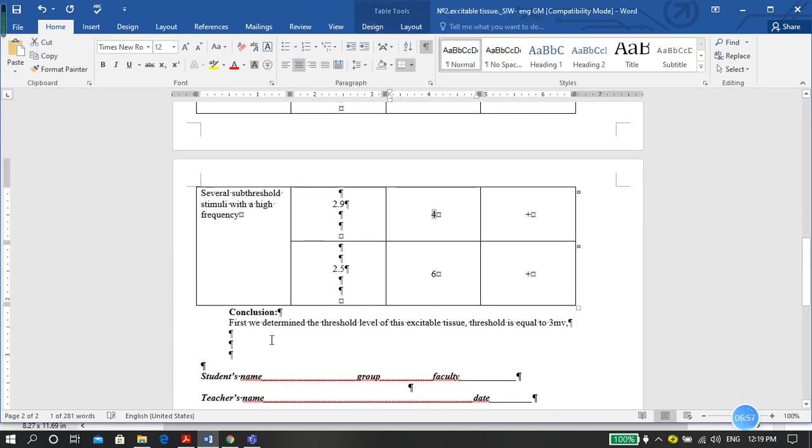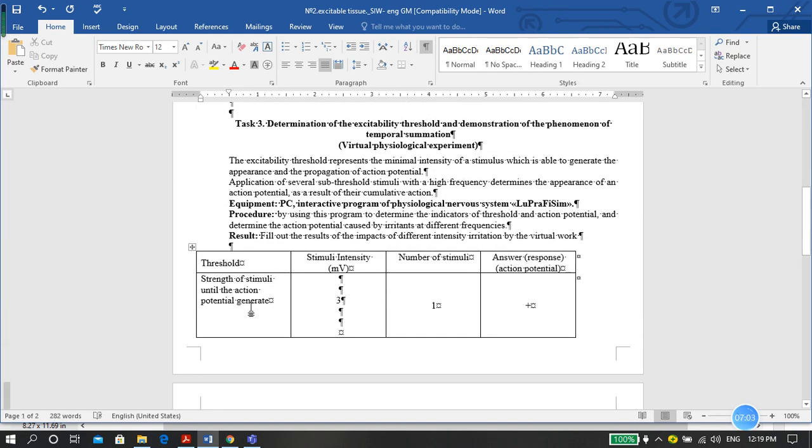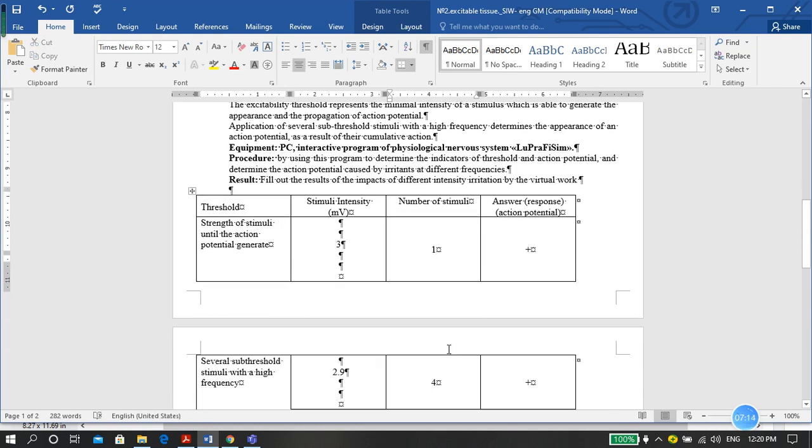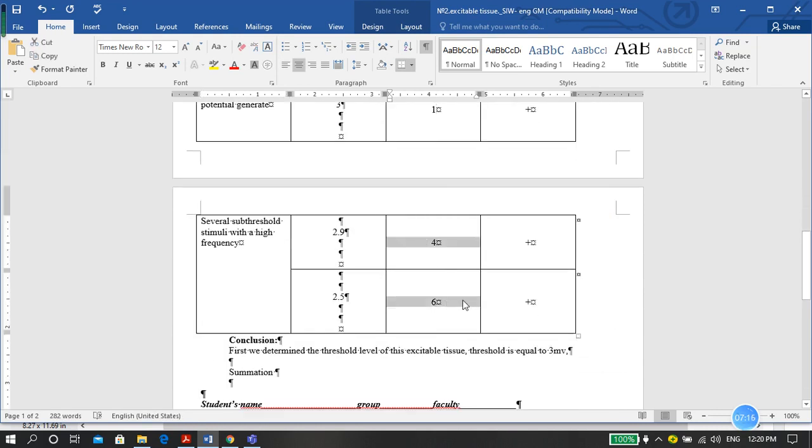This we call summation. We get summation even if the stimulus strength is below the threshold level, we can get an action potential only by increasing the frequency of stimuli.